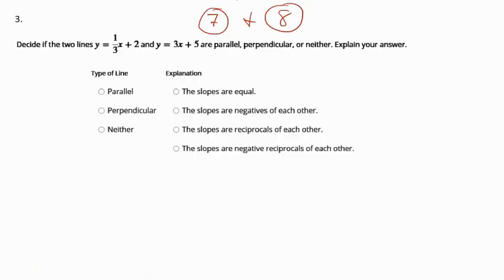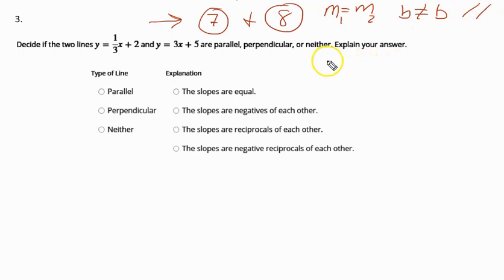Going on now to example 3, as we reflect on our formula sheet, hint number 7, hint number 8, whether the lines were parallel or perpendicular. We said if the slopes were equal for 2 equations, but the y-intercepts were not equal, then the lines were parallel.